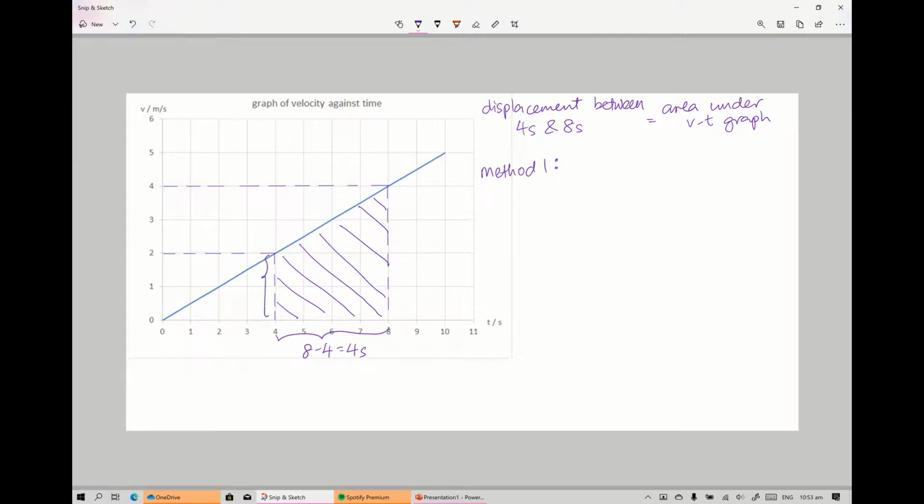Over here you have 2 meters per second, and here you have 4 meters per second. So area of trapezium is half the sum of parallel sides times vertical height.